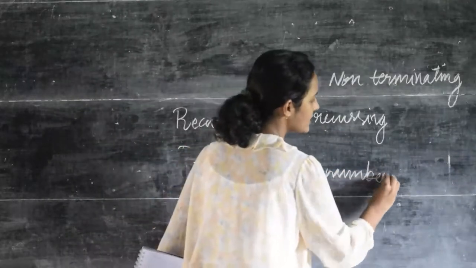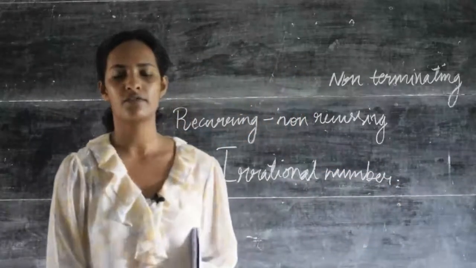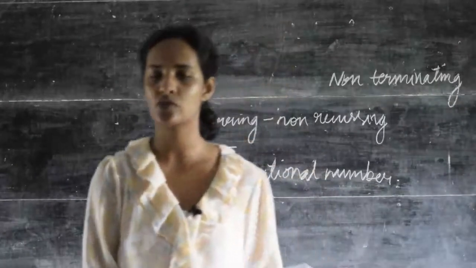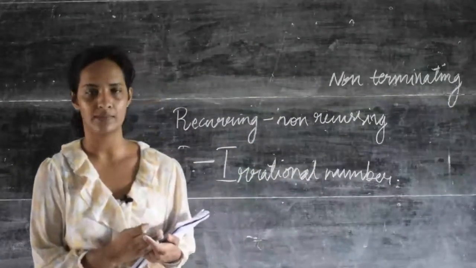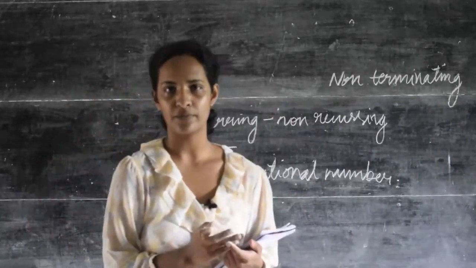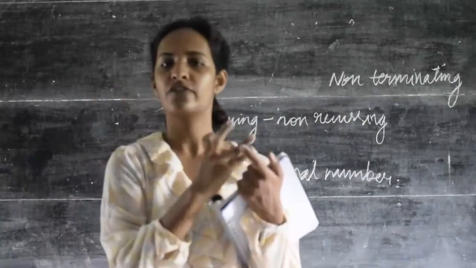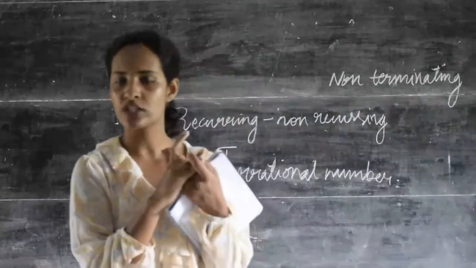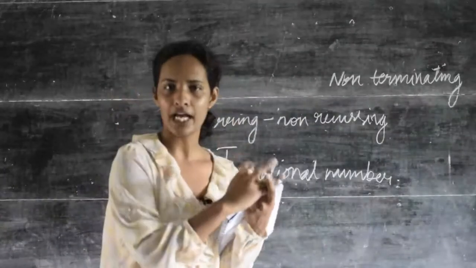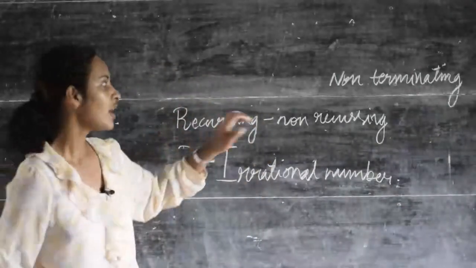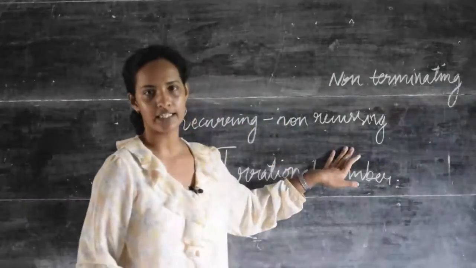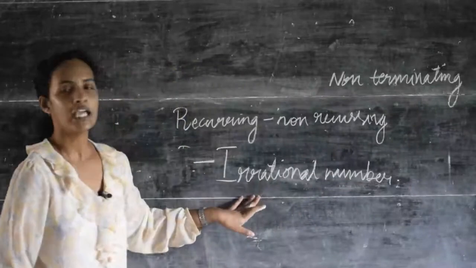So to summarize, what did we study? We studied rational numbers, and then we came to 3 different types of decimal expansion. Based on those, the first 2 types, terminating and non-terminating repeating, are rational numbers, and the third type, non-terminating, non-recurring decimal expansion, is called irrational number.